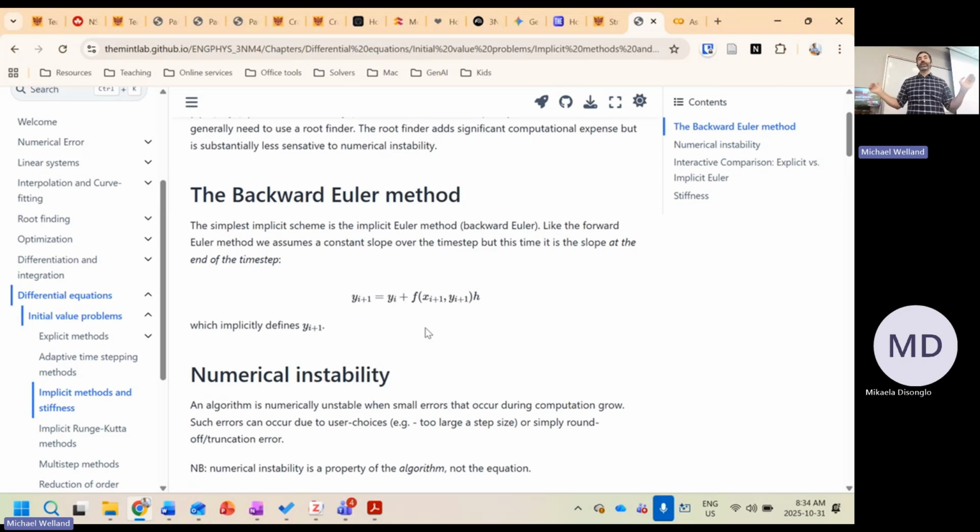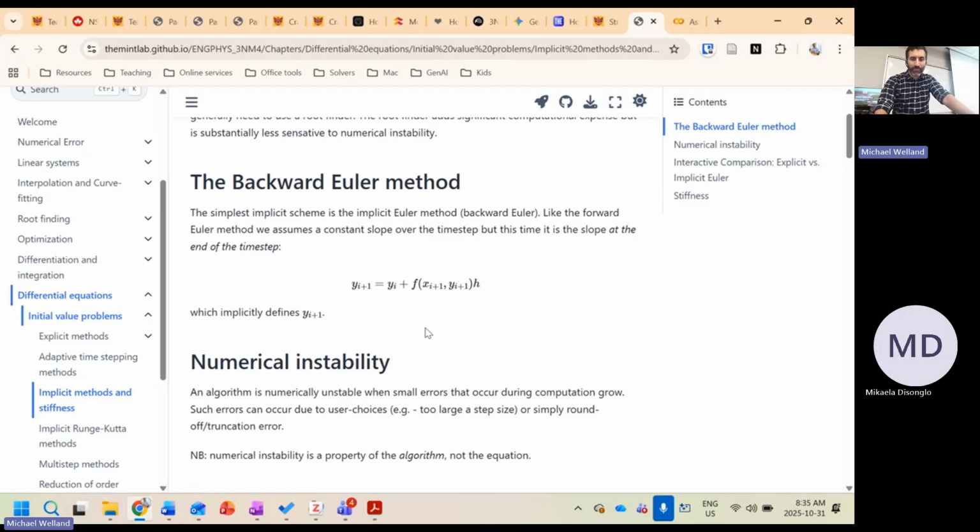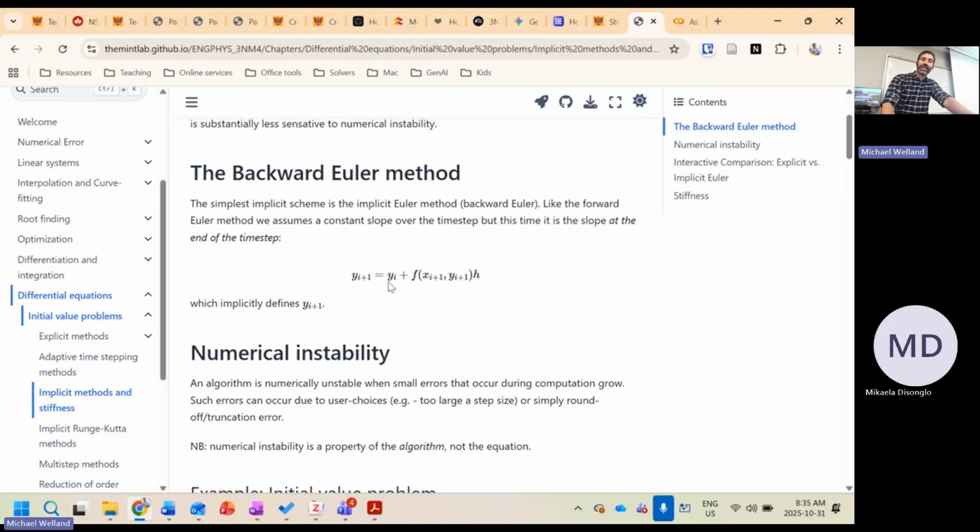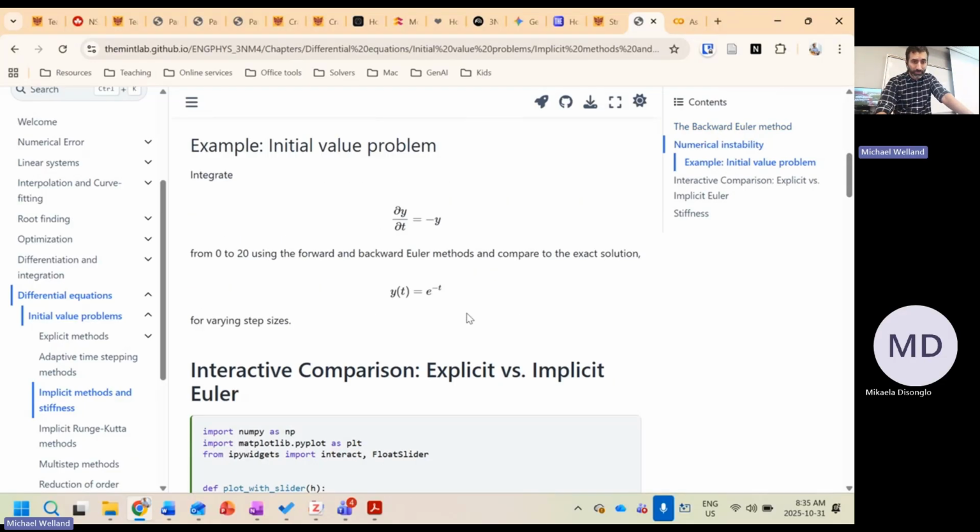But now you have a situation where you're trying to solve for an answer while using that answer, which means it's an implicit method, which means you're into a root finder. Good thing for us, we have root finders already. Okay. So the idea there is, we start off at yi, we're looking for yi plus 1, and we're using the information at yi plus 1 in order to find a consistent solution.